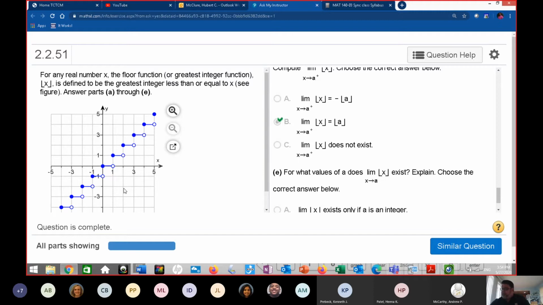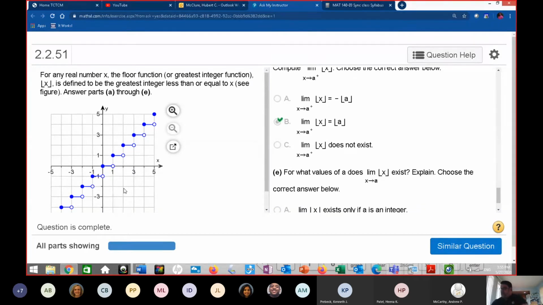If you don't remember this from algebra, then you don't know this rule: approaching A from the right side goes to A, and approaching from the left side goes to A minus 1. And that's very important in this problem.